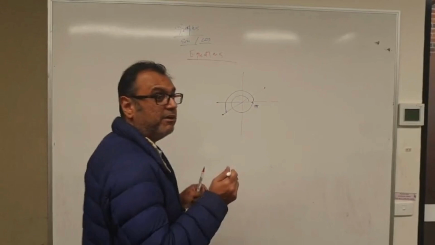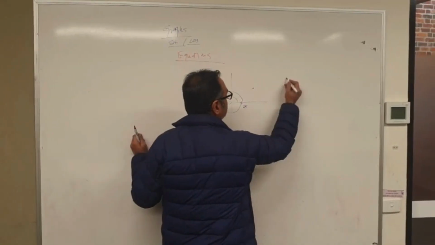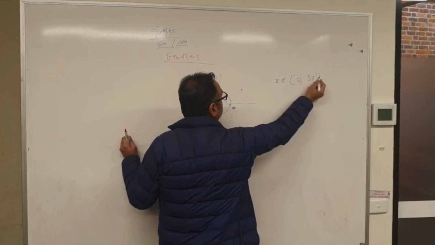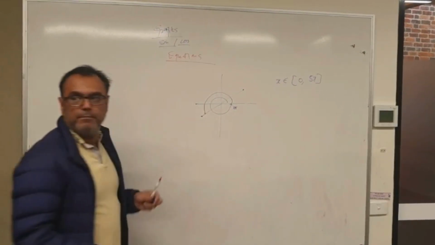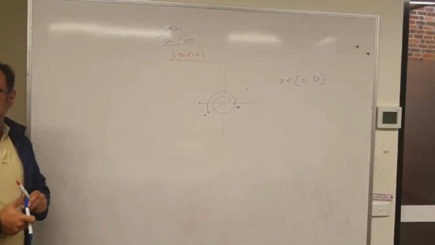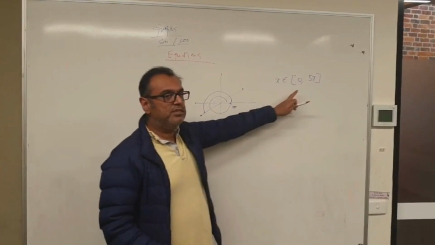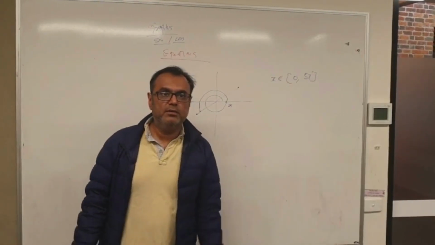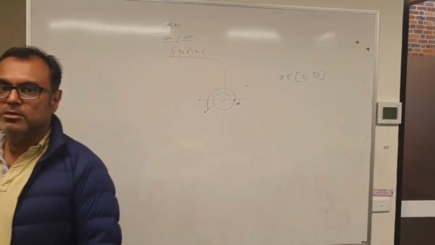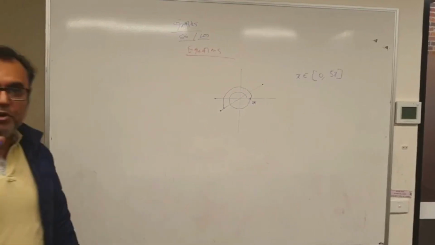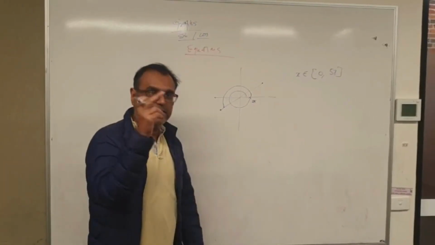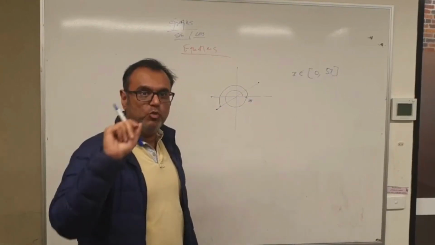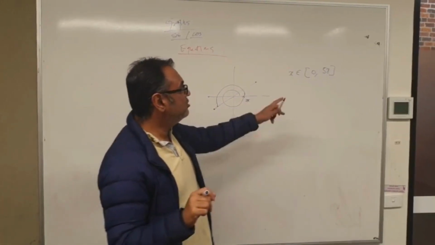Why? Remember, if my domain is x belongs to 0 to 5 pi, how many rotations am I allowed to make? 2.5. One rotation is 2 pi, so you will get two values. Another rotation will give you another two values, and the third rotation is just pi.